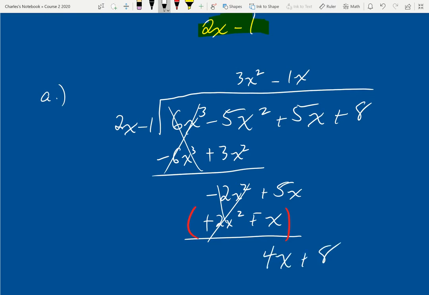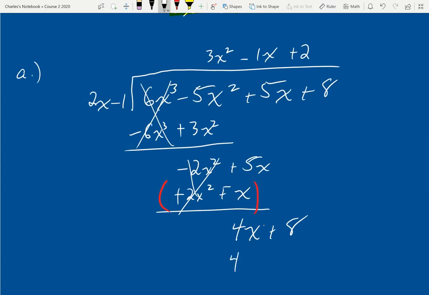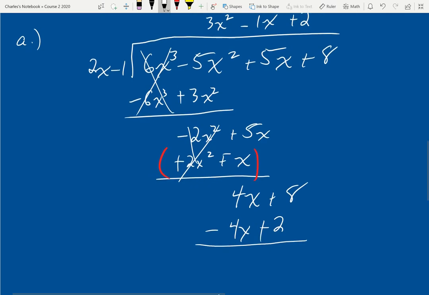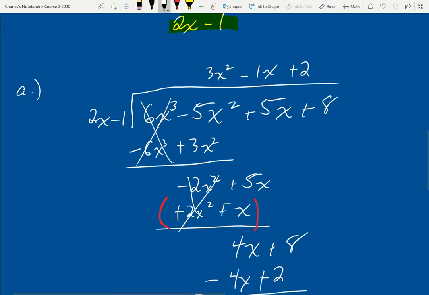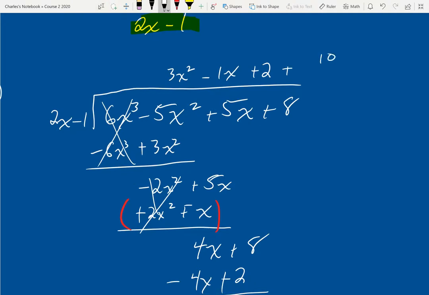And then 2x goes into 4x 2 times, and I get 4x minus 2, and then I change the signs, and I get 10. Okay, and then I'm going to write this as plus 10 divided by 2x minus 1.